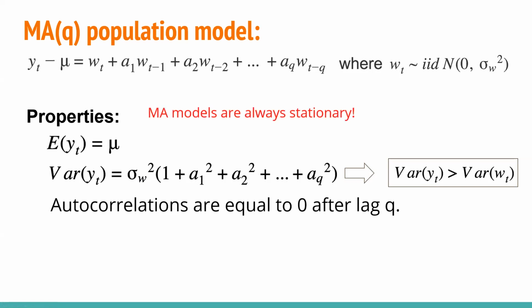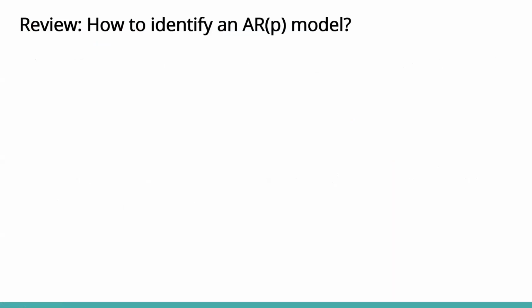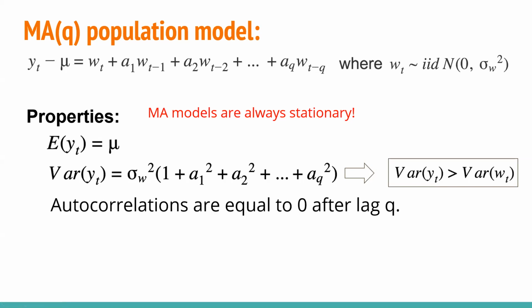Now, you know what? MA models are always stationary. And the reason why they are always stationary, you remember the other time that we were assuming that the variance of white noise at different periods are the same.